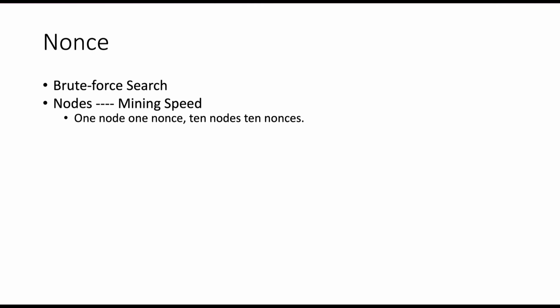Then 10 nodes can try 10 nonces at the same time, because nodes can work together. So as the blockchain gets more nodes, the speed of trying gets faster. The number of nodes impacts mining speed directly.